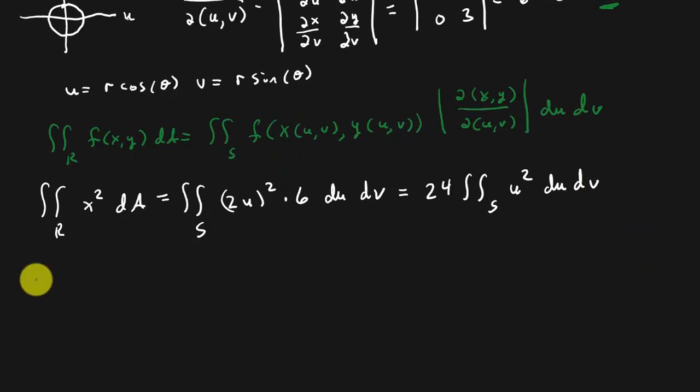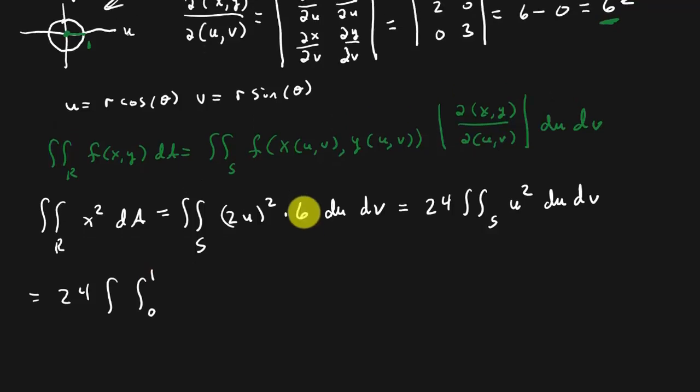All right. So now we're going to get 24 times the double integral. Now, notice here we've got our radius going from 0 to 1, and then we're going all the way around, so that's from 0 to 2 pi. And that is going to be u squared. Well, what's u?